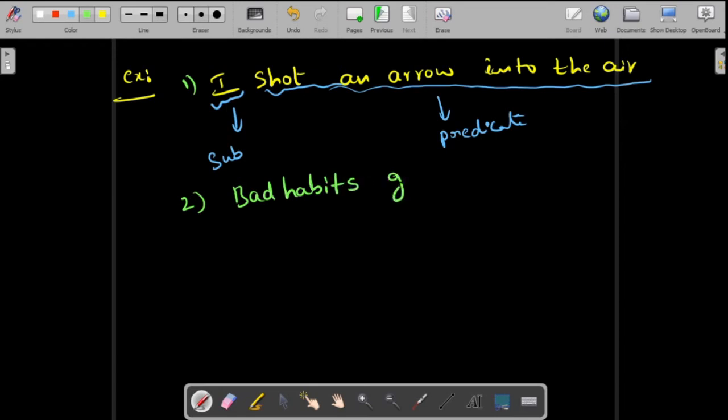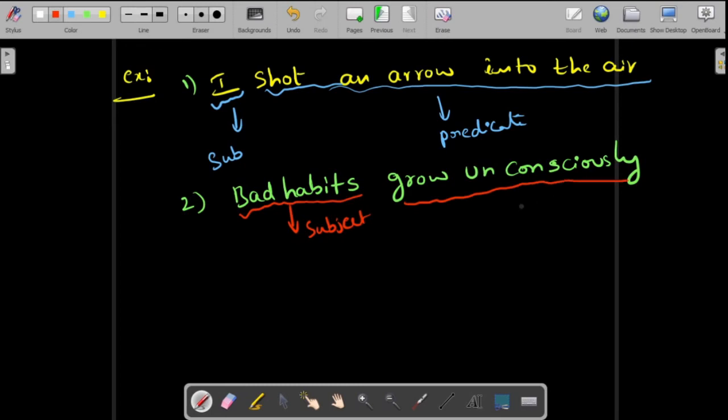Next, second, bad habits. Bad habits grow unconsciously. In this sentence, bad habits are the subject and grow unconsciously is the predicate. Okay, this total is the sentence.